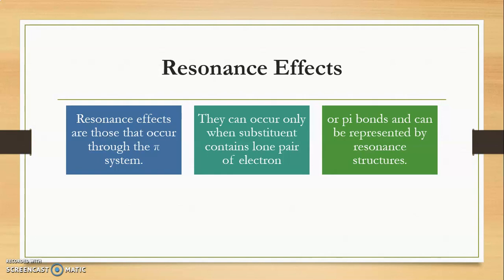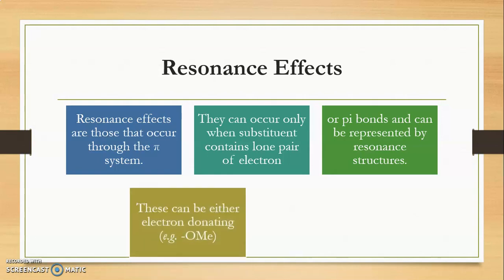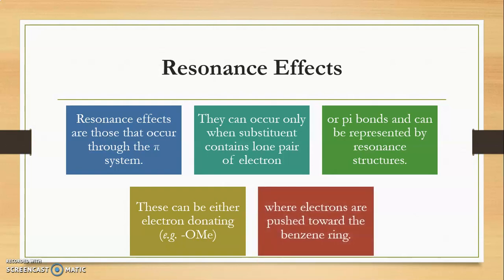Out of that, hydroxyl group, as oxygen is more electronegative, it shows electron donating inductive effect. Further, whatever the resonance effects are there, these effects can be either again electron donating or electron withdrawing.